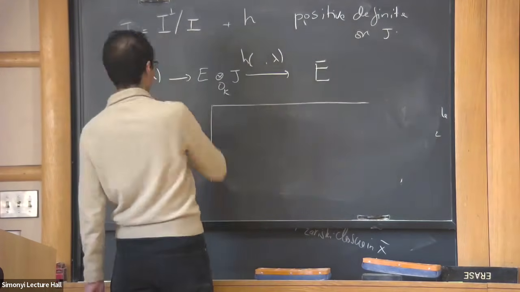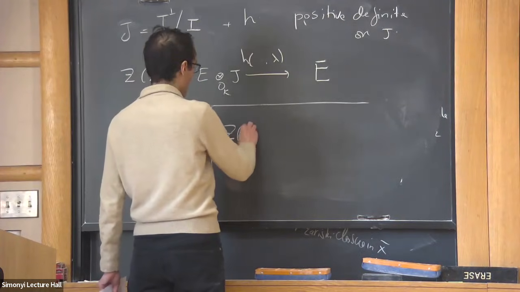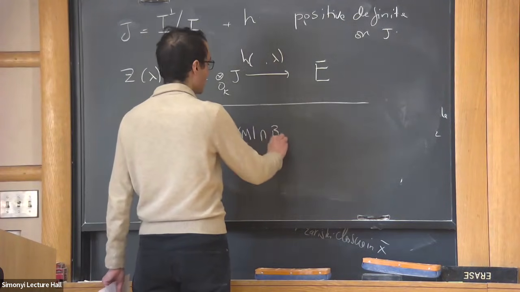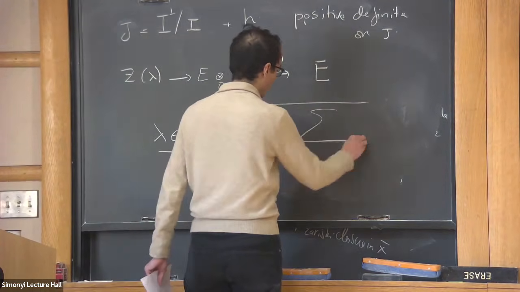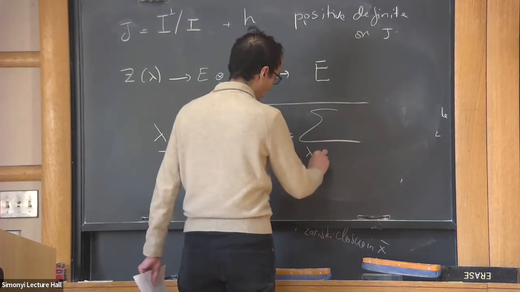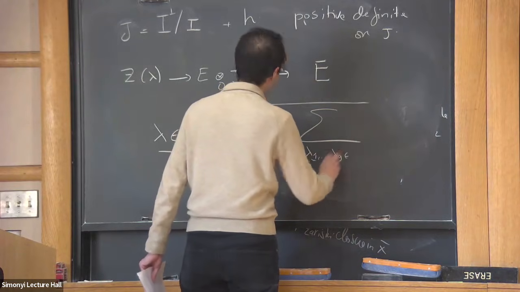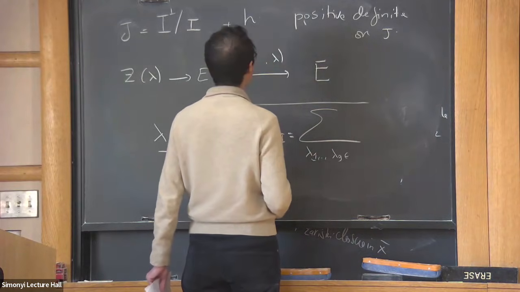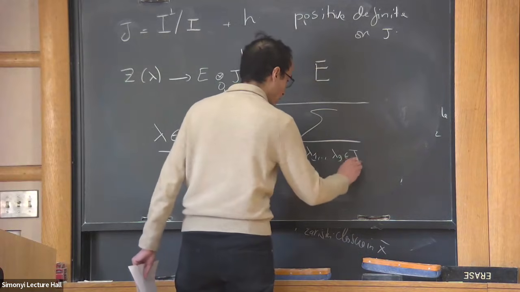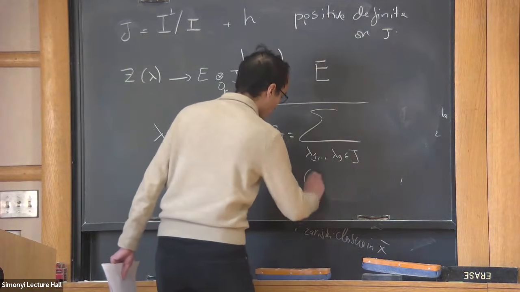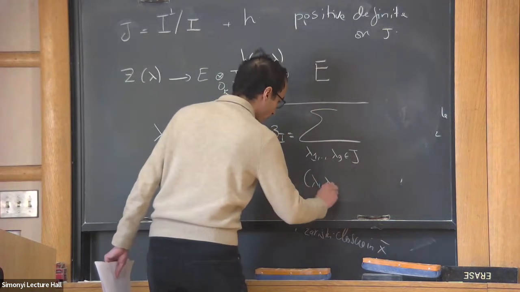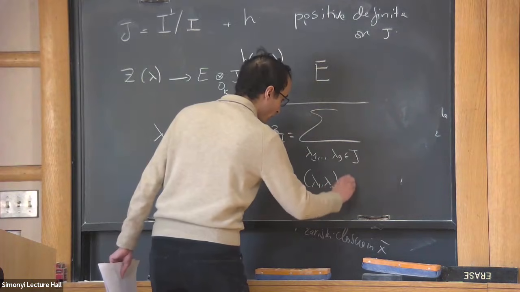The limits of the Zm, intersected with the BIs, are simply the sum over all lambda 1, ..., lambda j in this positive definite lattice J whose intersection matrix is equal to m.